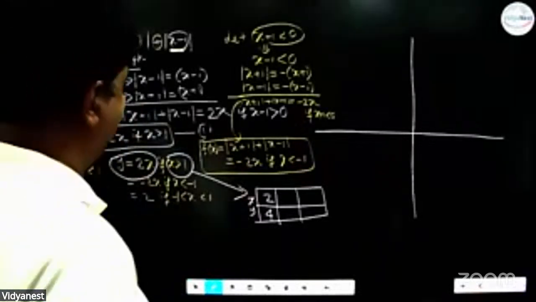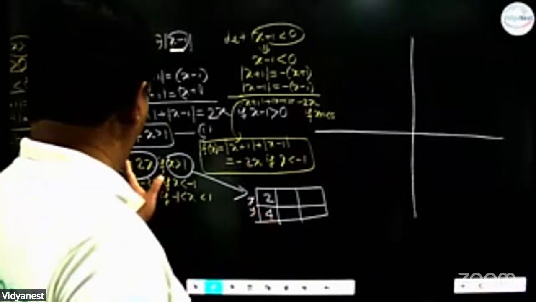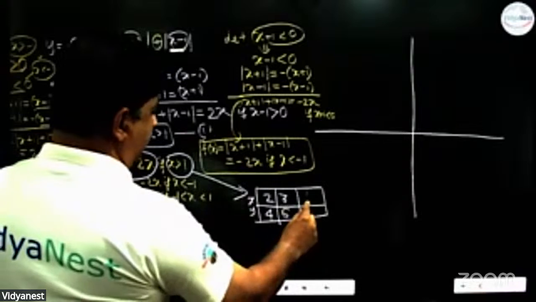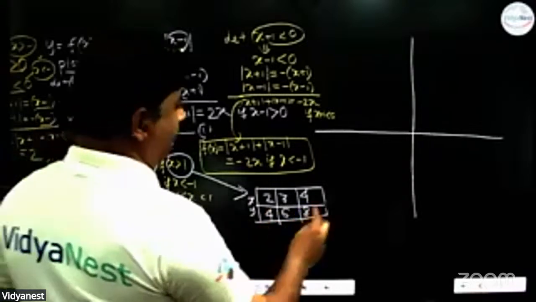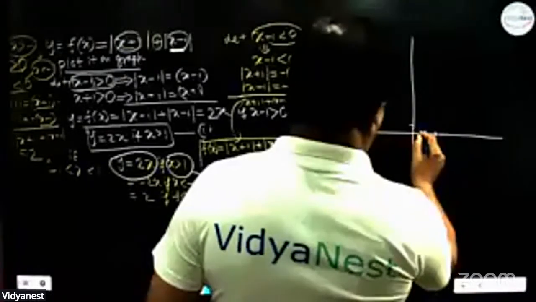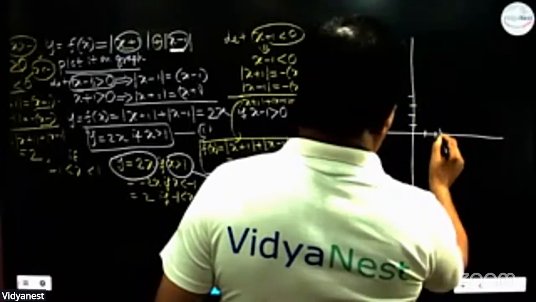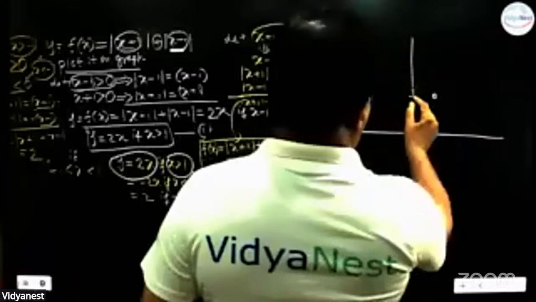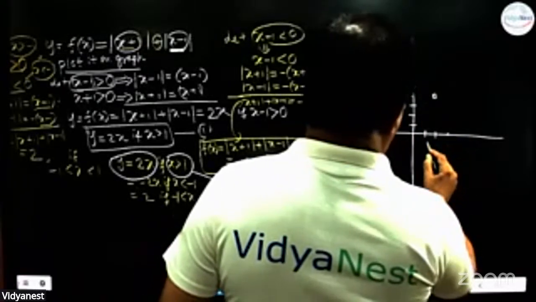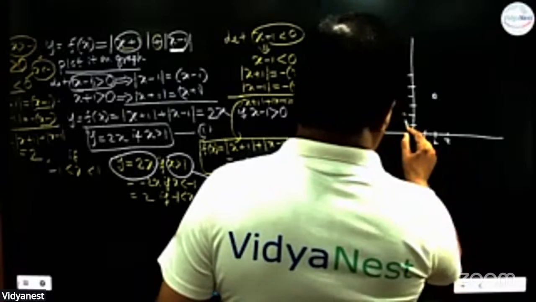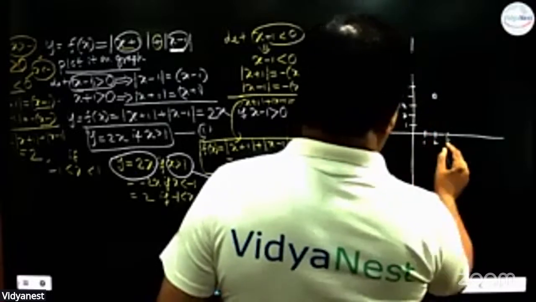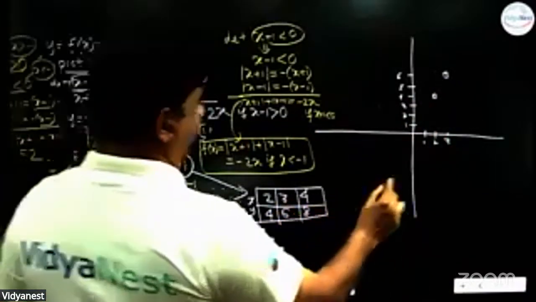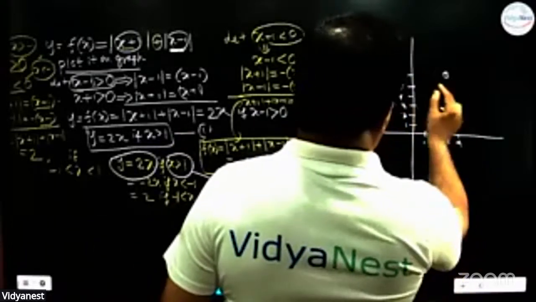Now, x is equal to 2, y is equal to 4, x is equal to 3, y is equal to 6, and so on. So 3 points you choose: 1, 2; 2, 4; 3, 6; 4, 8.